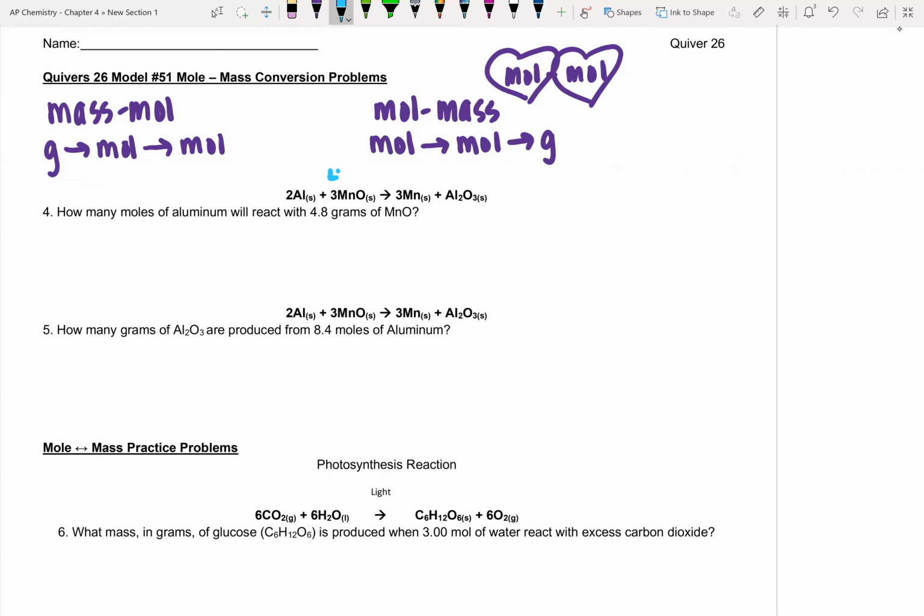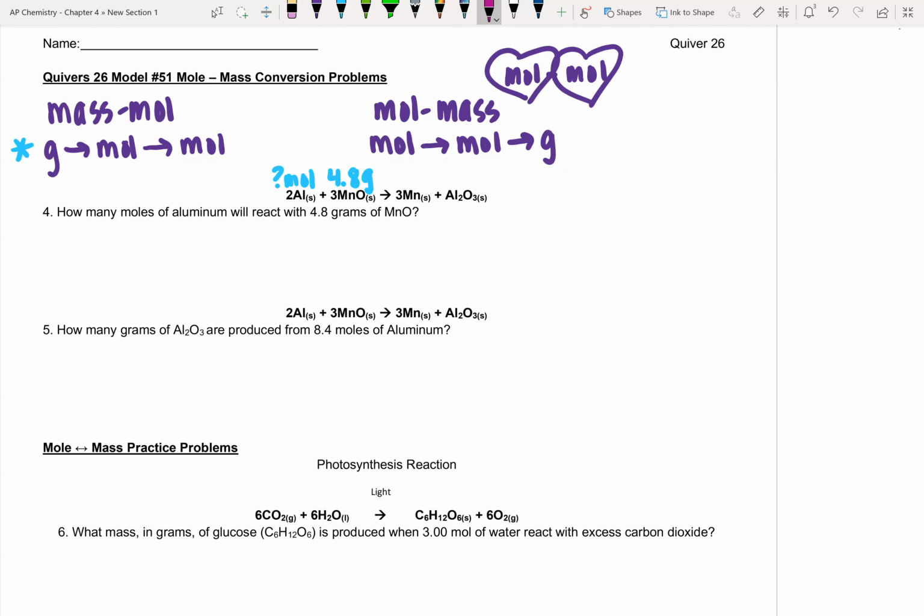So I am starting with 4.8 grams of the manganese II oxide, and I'm looking for moles of aluminum. So this is a mass to mole problem, because I'm starting with the mass of a substance and I'm going to be converting to moles of that substance.